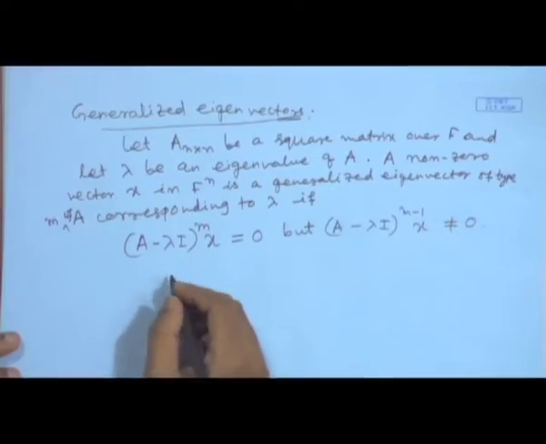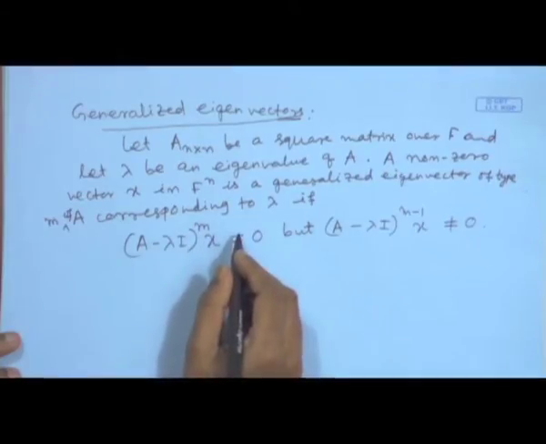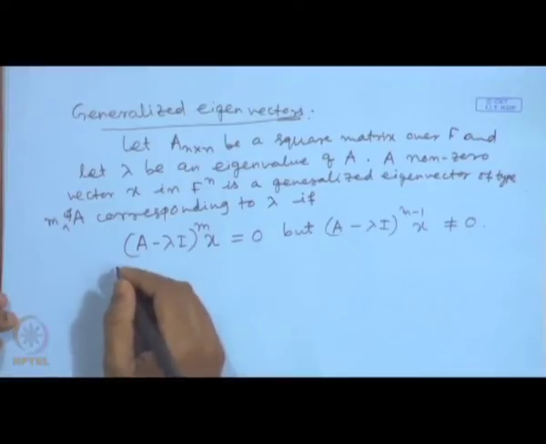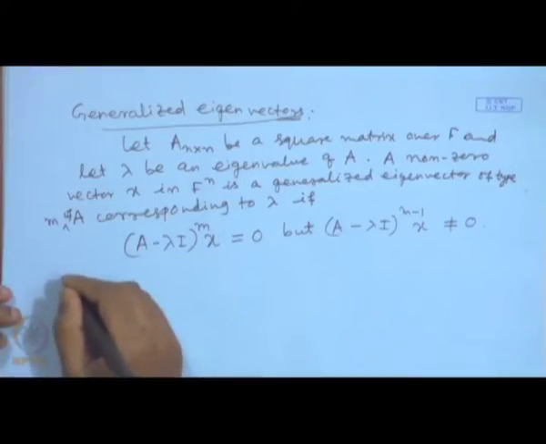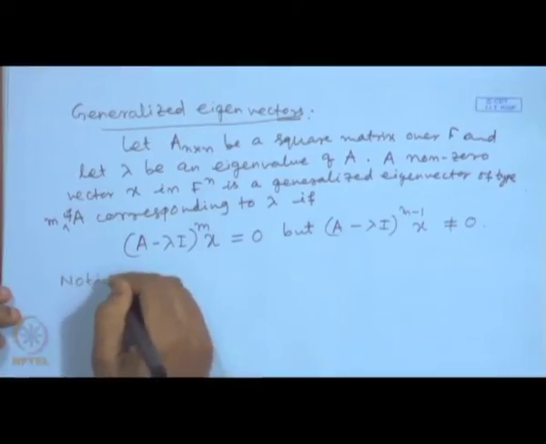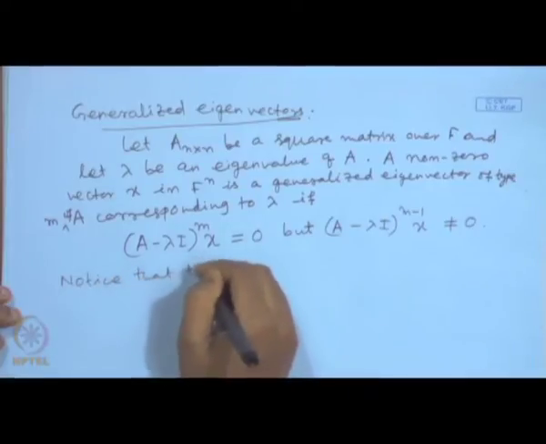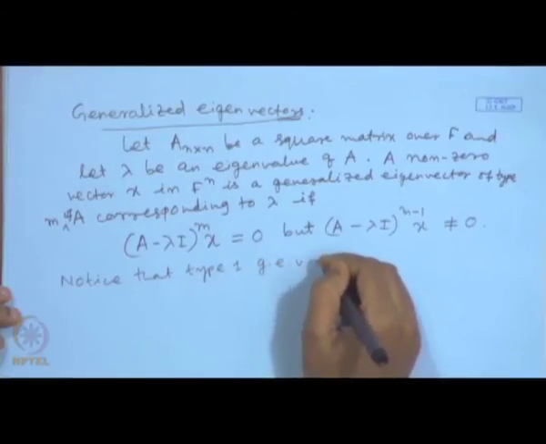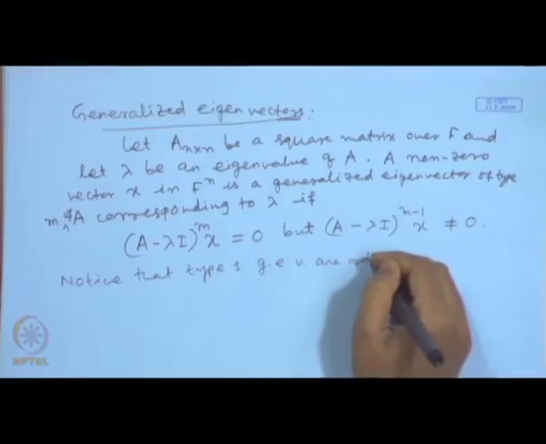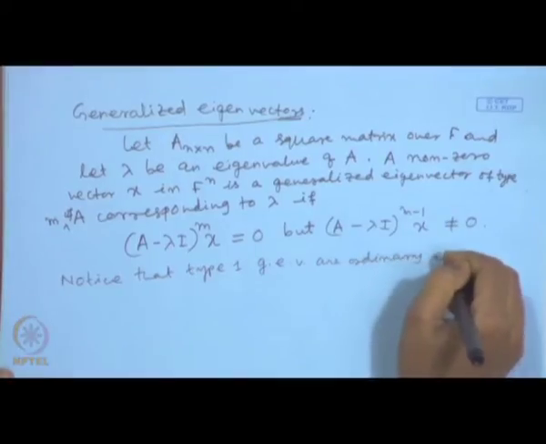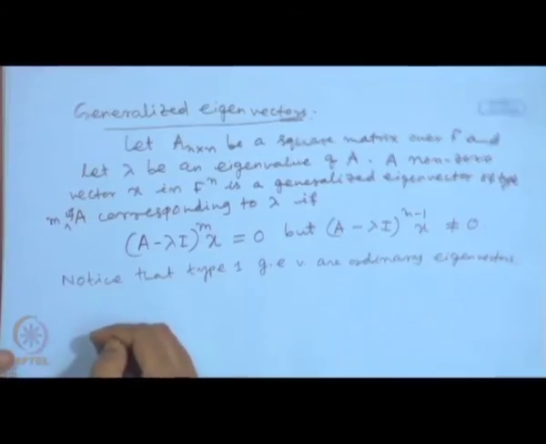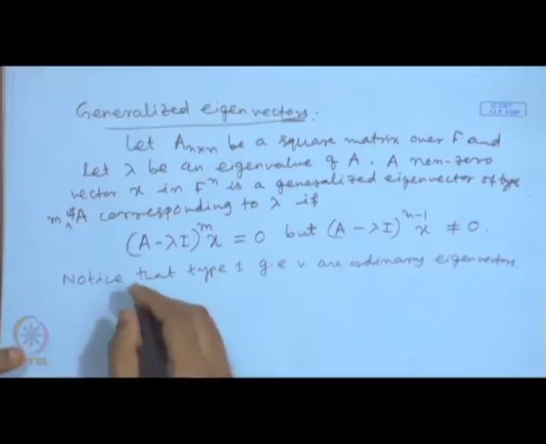So, this is called a type m generalized eigenvector of A corresponding to lambda. Notice that type 1 generalized eigenvectors are ordinary eigenvectors. This is why the name generalized is there.